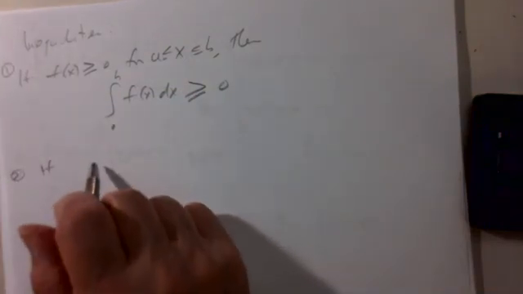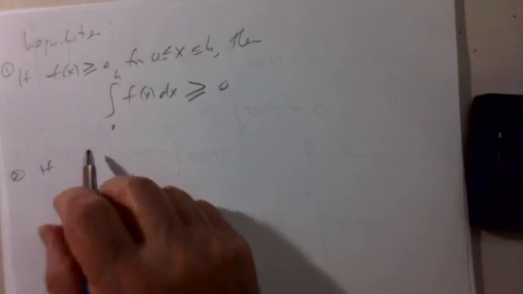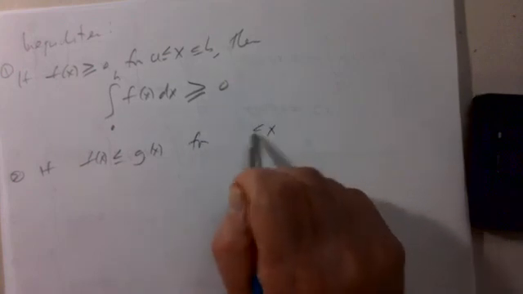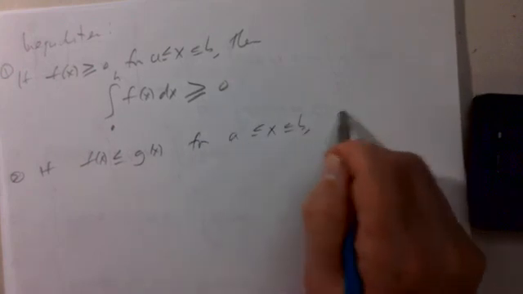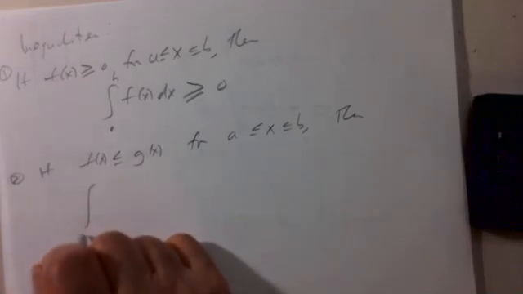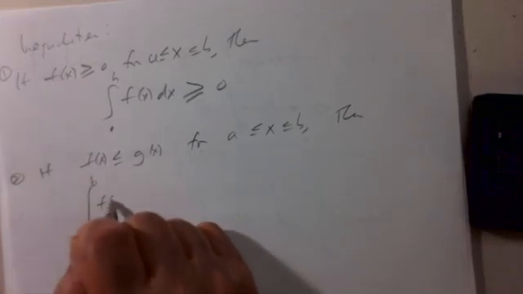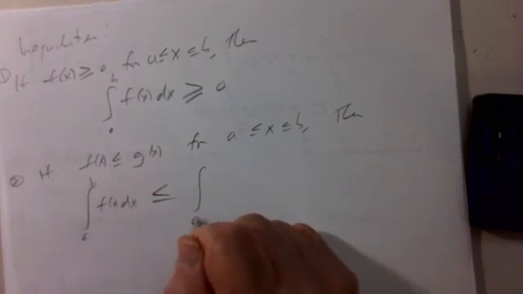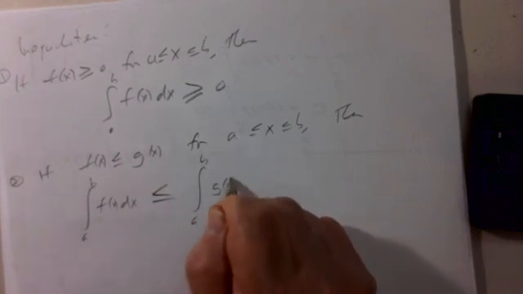And if you have a function f of x less than or equal to g of x for x between A and B, then the integral from A to B of f of x dx is less than or equal to the integral from A to B of g of x dx.